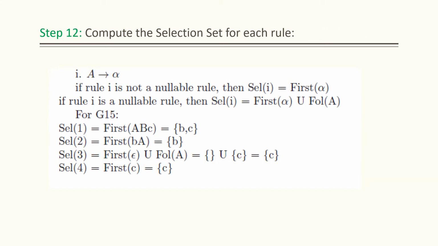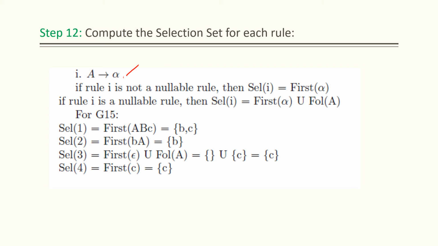Finally, we come to the end of the steps, which is step 12: to compute the selection set for each rule. In this LL1 grammar, we have a rule in the form A goes to alpha, where alpha can be terminals or non-terminals. If rule i is not a nullable rule, then the selection set i is taken from the first of alpha.